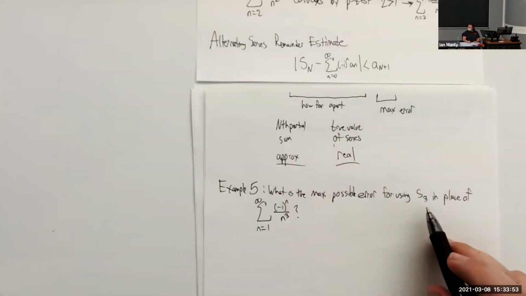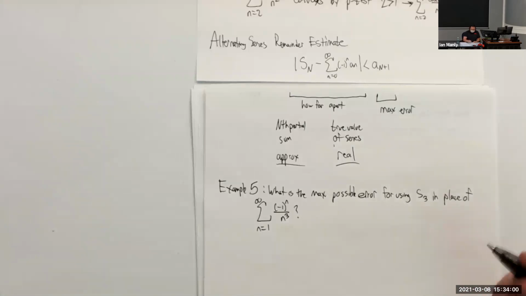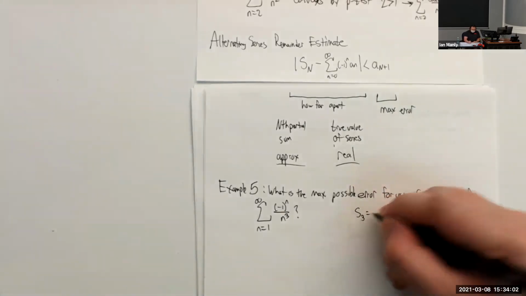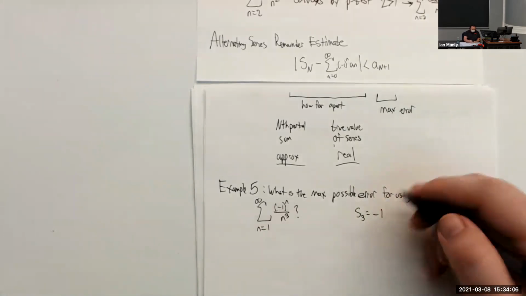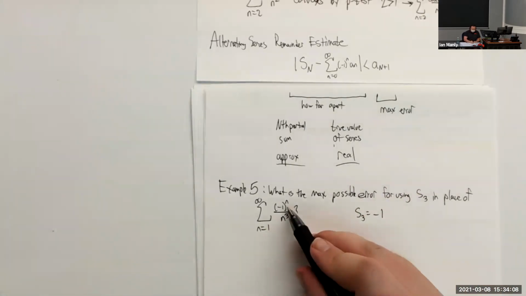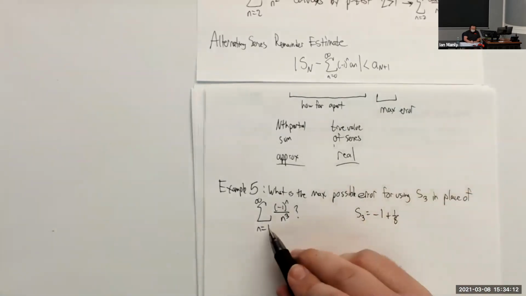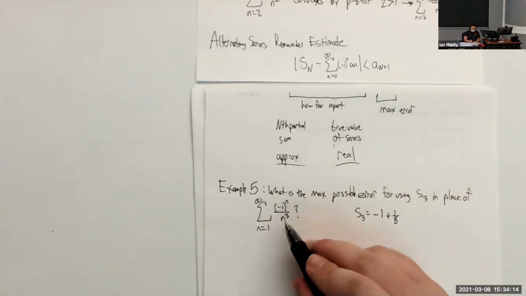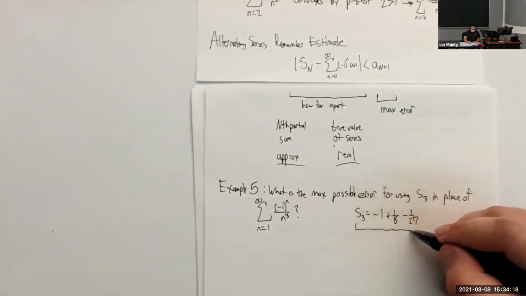Okay, so let's say we wanted to use S3 instead of this series here. So S3, what is that? Let's write out explicitly what that is. So we plug in n equals 1, and we have -1. We plug in n equals 2, and we have 1/8. And then we plug in n equals 3, and have -1 over 27. So that's what S3 is.